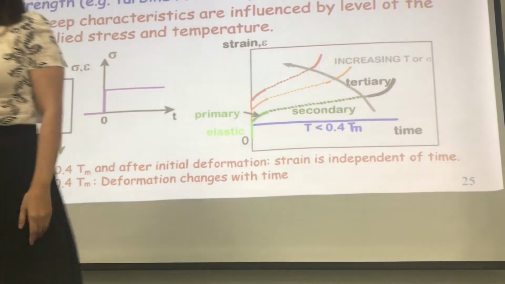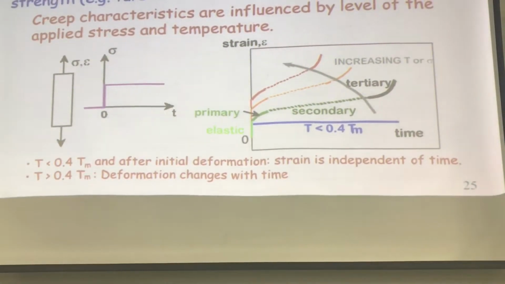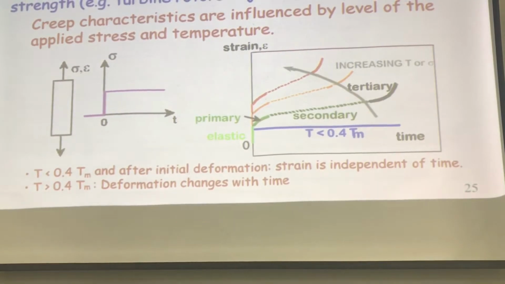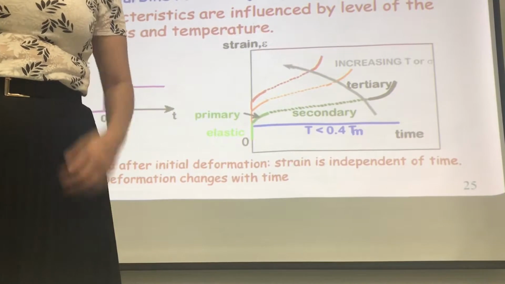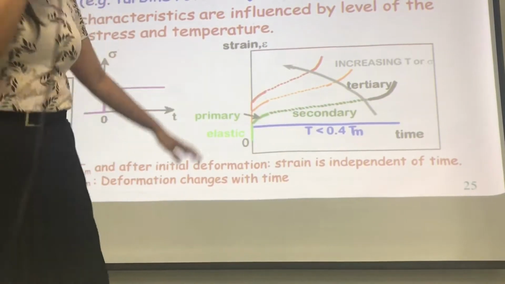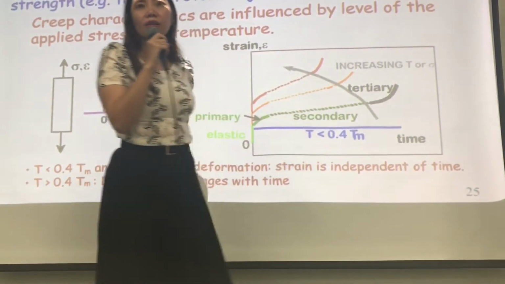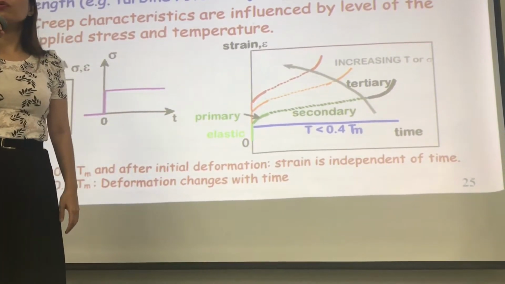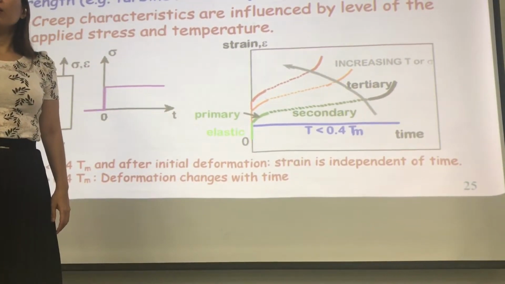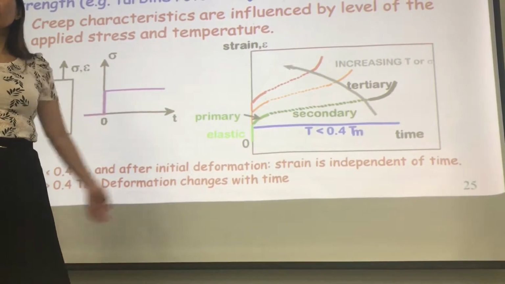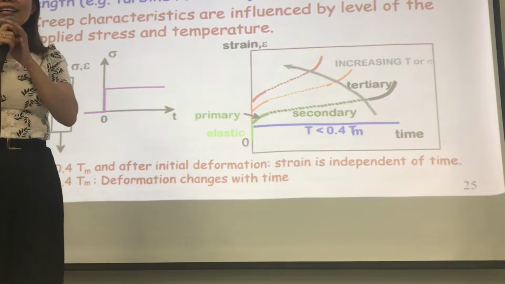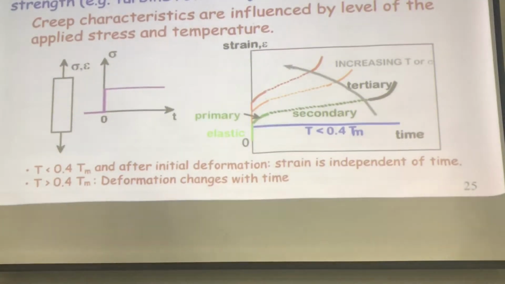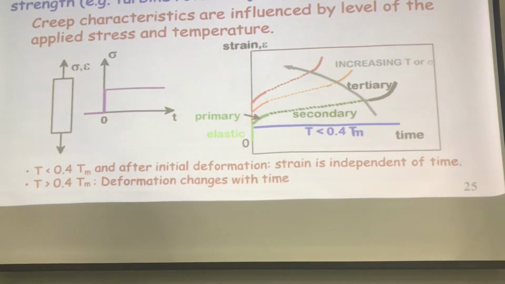In this case, I'm asking you two questions, two conditions. The first condition: if I apply the same level of force to these three materials, which one is experiencing higher temperature?